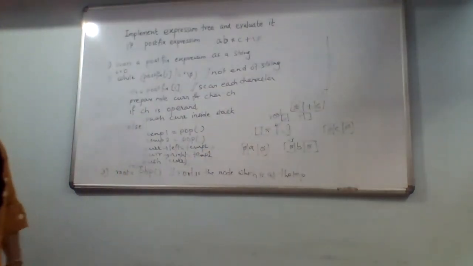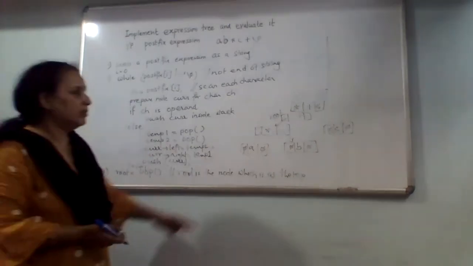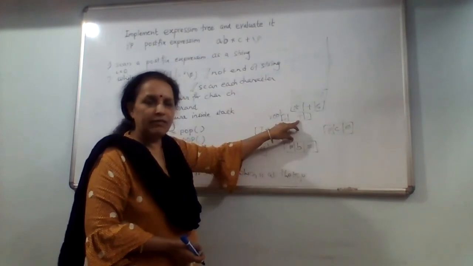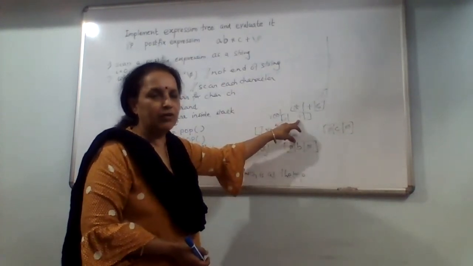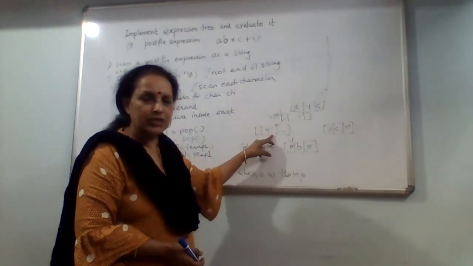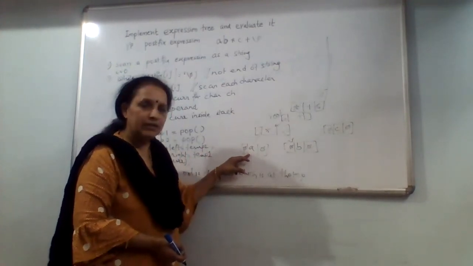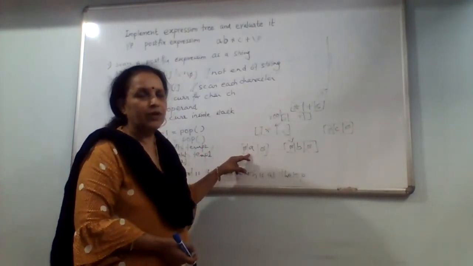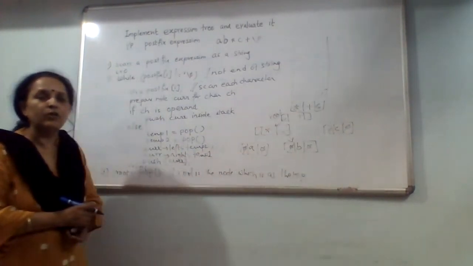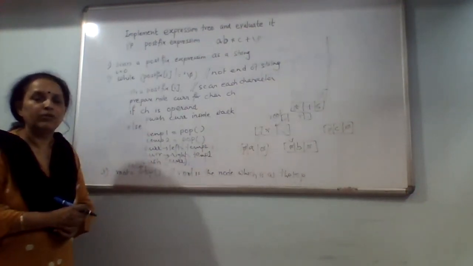Now how will the evaluation be done? We have the tree with us. So how to evaluate? If it is an operator, we push it inside the stack; if there is an operand, then we take those values, traverse the tree in postfix traversal, and then evaluate.